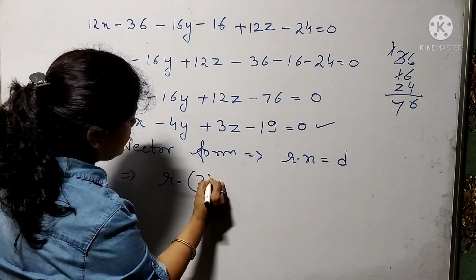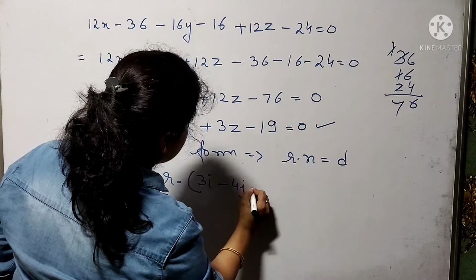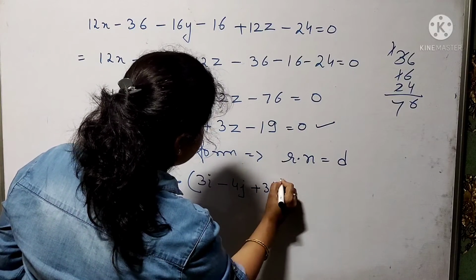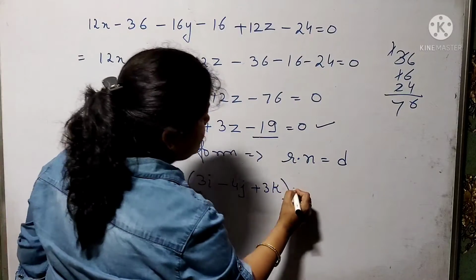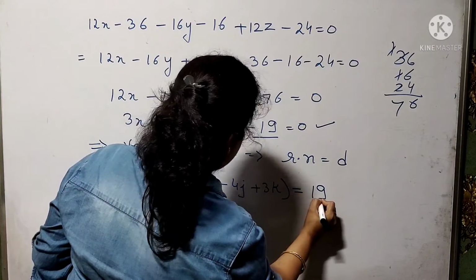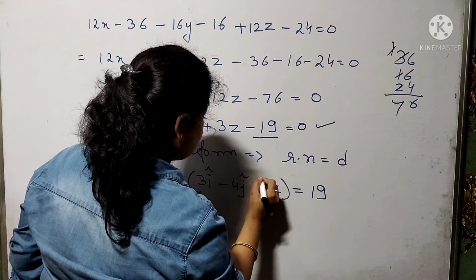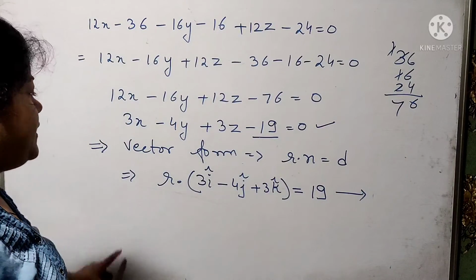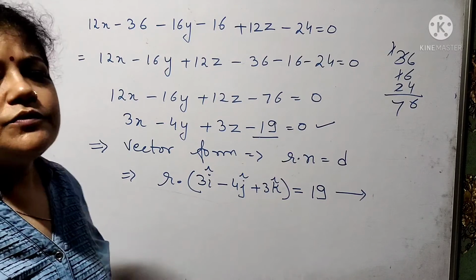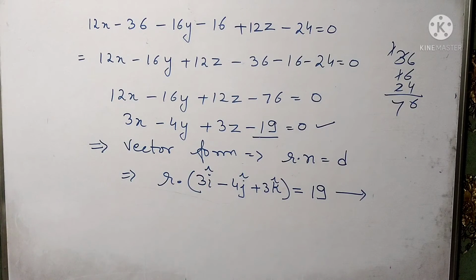That is 3i minus 4j plus 3k, and this 19 we write over here. So this is the vector form, the vector equation of the plane. Clear? So it's very simple, in order to write the equation of the plane in Cartesian form or in vector form.